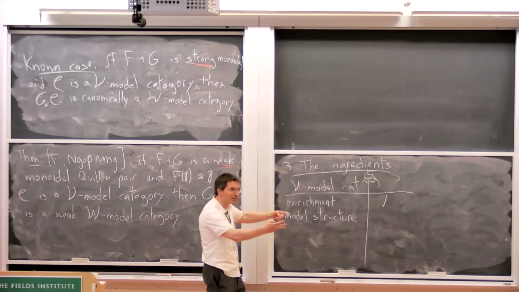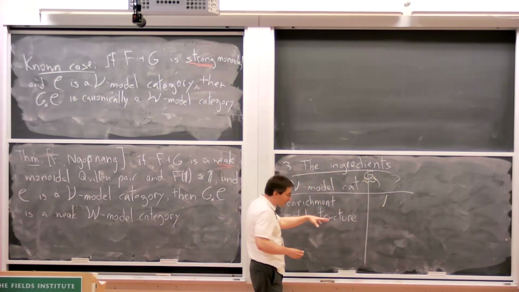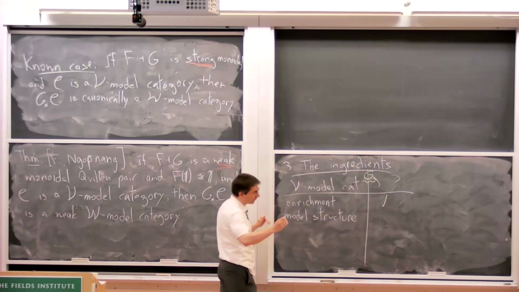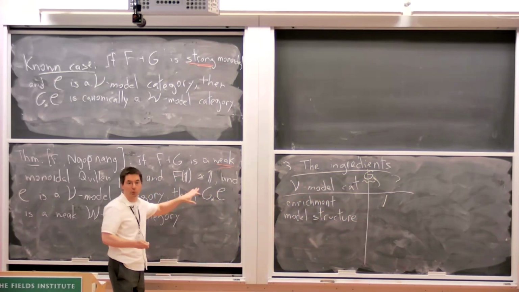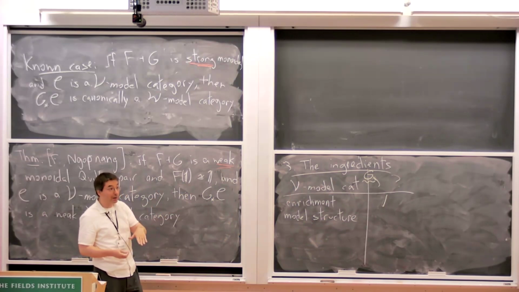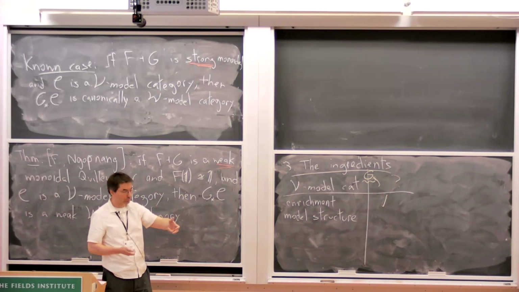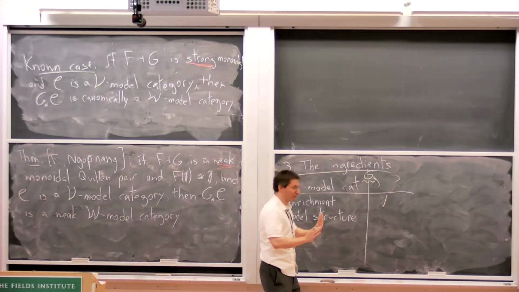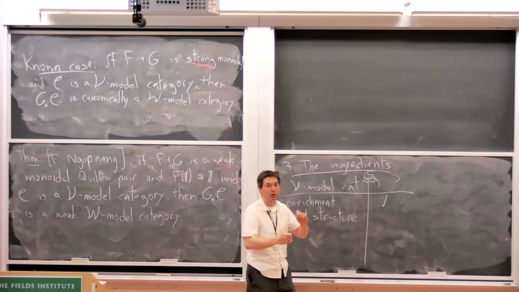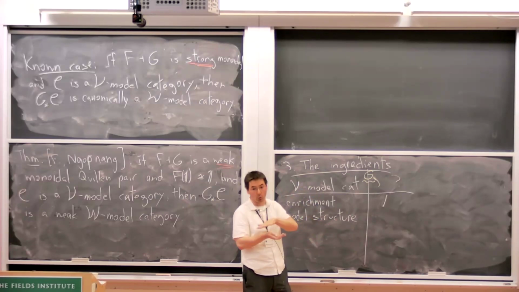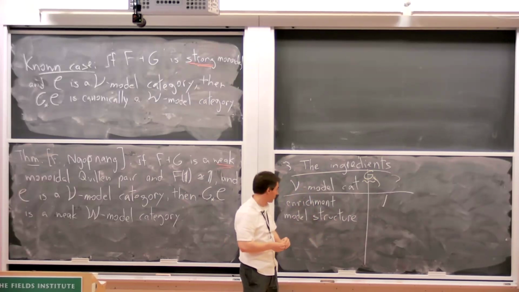To save time, I'll just state this proposition. It turns out that this right adjoint G will preserve the underlying set if and only if its left adjoint preserves the tensor unit. So here we just use the lazy way out and put that assumption in so that the underlying category hasn't changed. Just keep the same model structure.